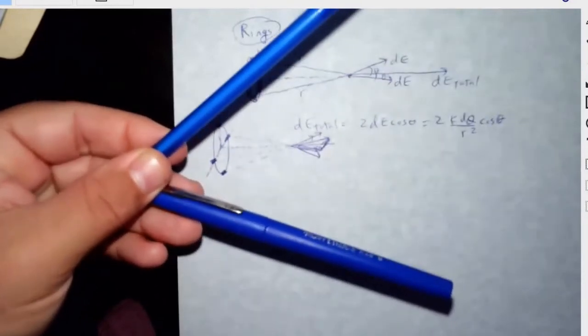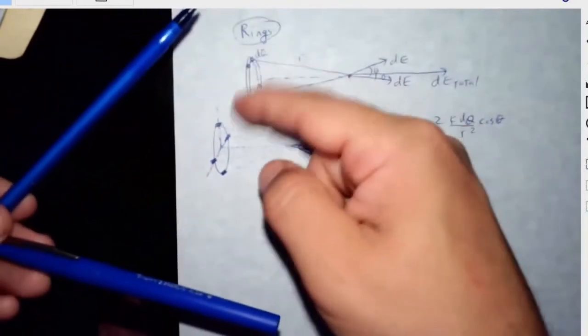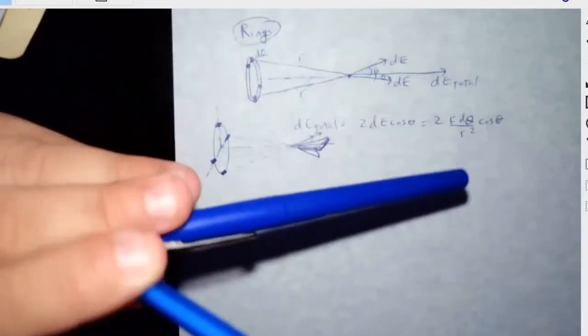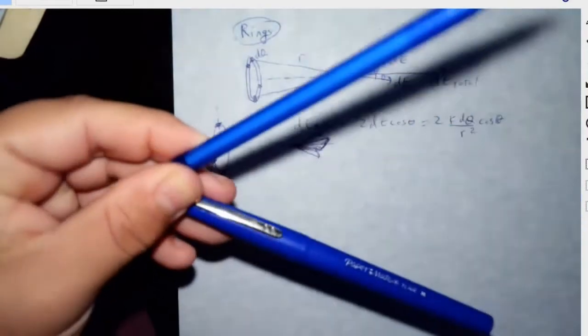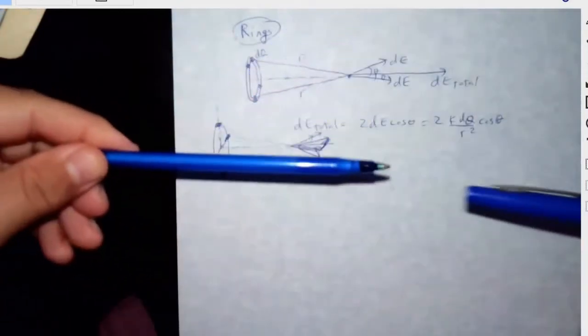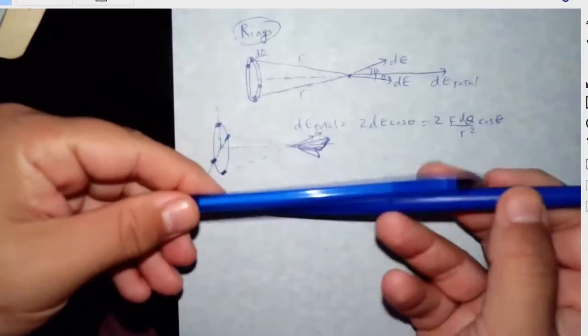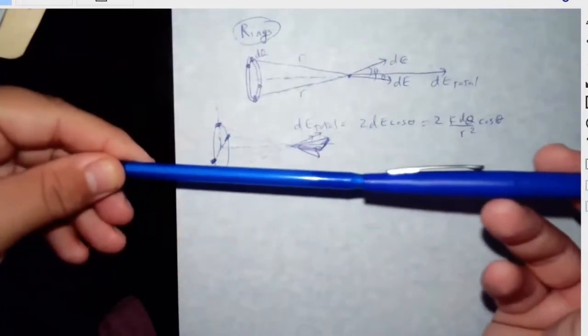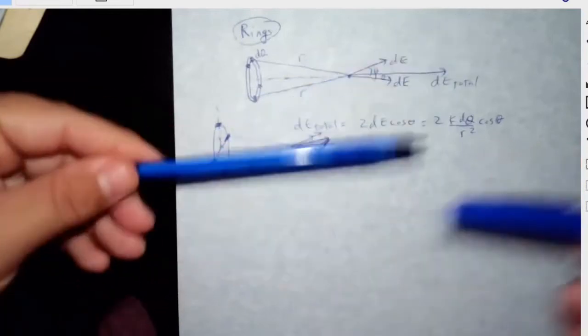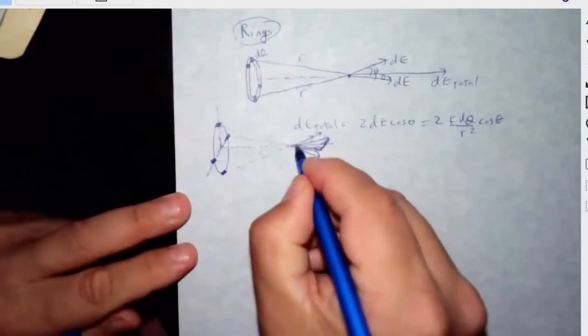So as you're going around the circle, these two added together give you this, their X components survive, and it gives you something like this. And if you add these two, you still get something like that. So you're always getting this.